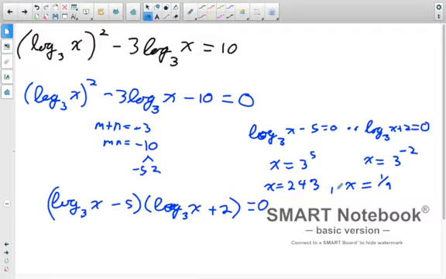And if I take 243 and put it in here, so what we get is log base 3 of 243. Well, log base 3 of 243 is 5. Meaning we technically could have just said log base 3 equals 5, or log base 3 equals negative 2.